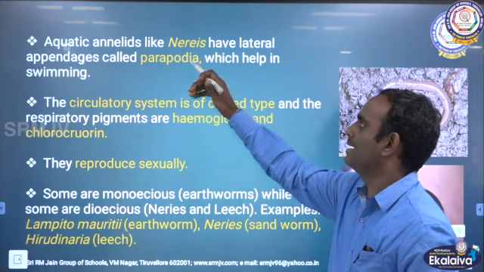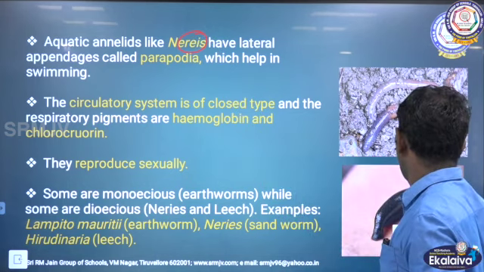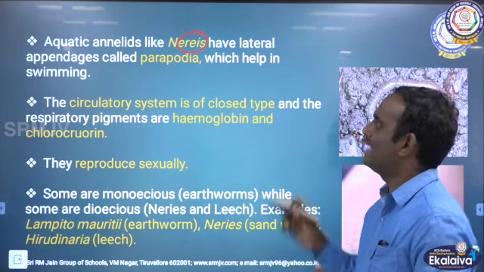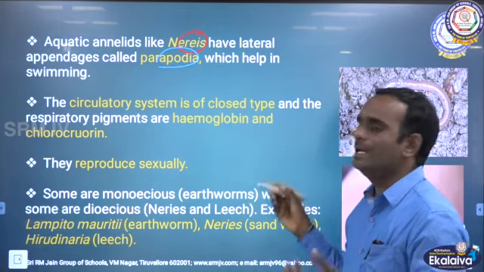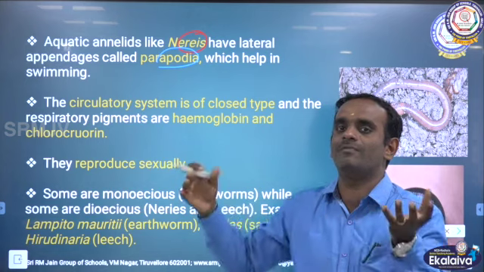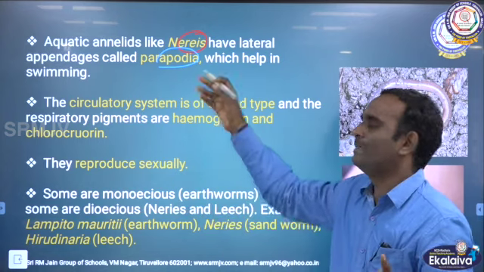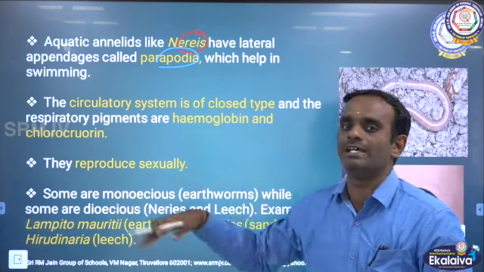Aquatic annelids example is Nereis. It is also one more question. They have lateral appendages called parapodia which help in swimming. So, Nereis has the lateral appendages, extra parts, that is called parapodia. With the help of this parapodia, the Nereis is able to swim in the water.